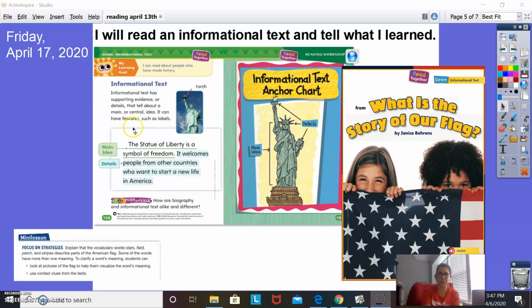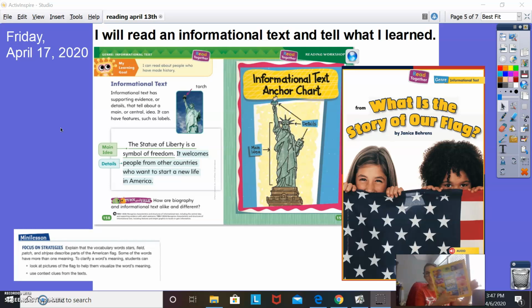It can have features such as labels. We know that informational text is going to look different than a story that we might open up. And if I open up and read a picture book like this, it's going to look different. And one of the things that an informational text has are labels.